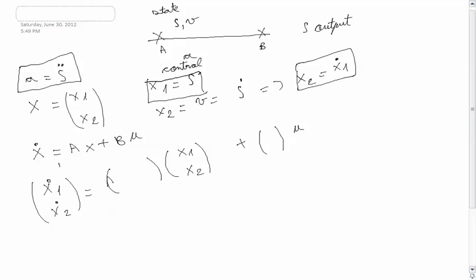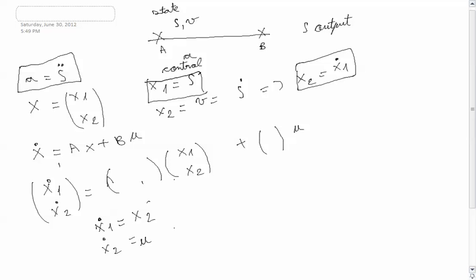Now let's look at x1 derived. What is it? x1 derived is actually x2, right? So we need to express everything in regard to either the states or the control signal. x2 derived equals what? x2 derived equals space twice derived, which is actually the control signal.